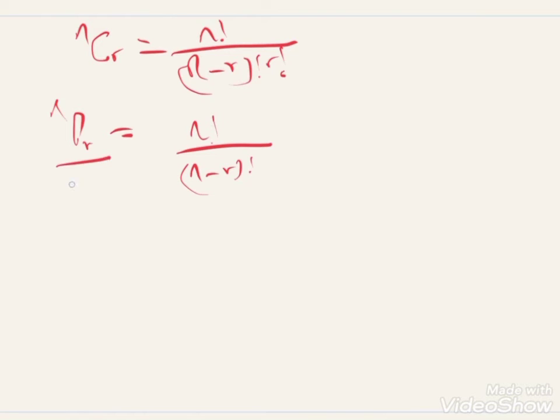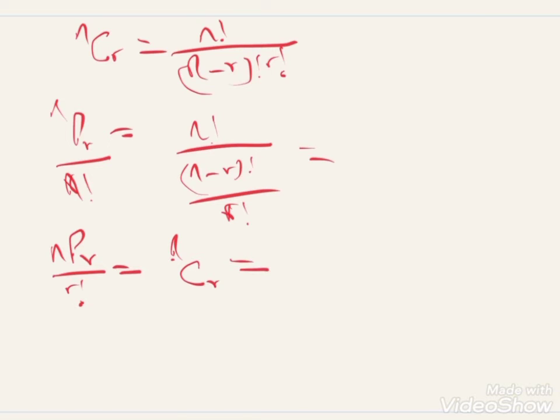So it means that when we divide n permutation r by r factorial, we shall have our combination. Actually, n permutation r over r factorial is equal to n combination r, which is equal to, when we take the reciprocal of this divisor, r factorial over 1, n factorial over n minus r factorial times 1 over r factorial.